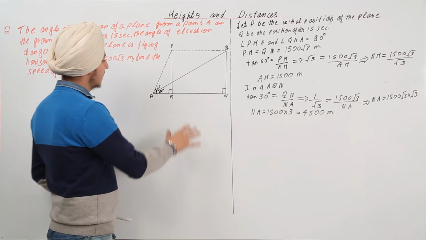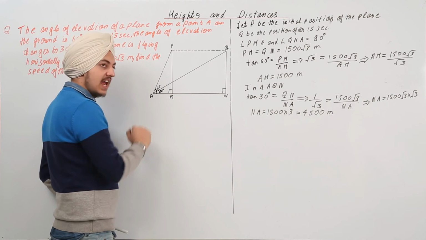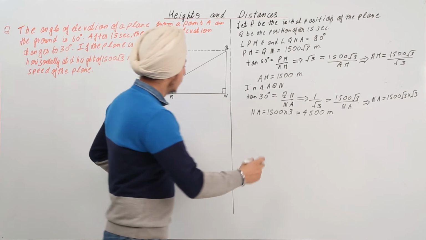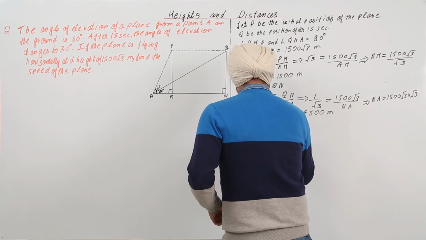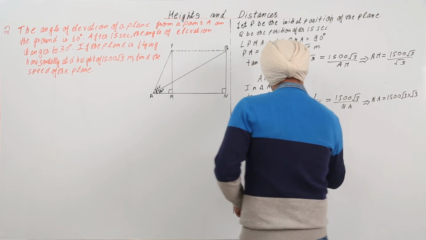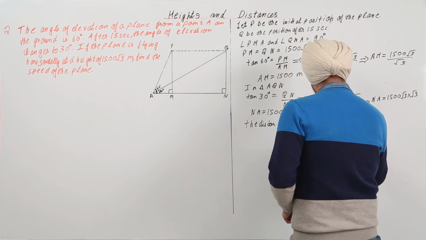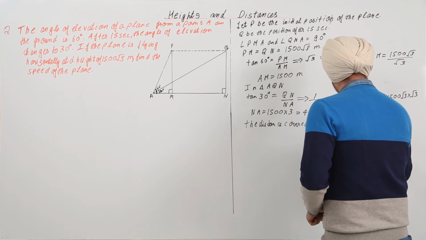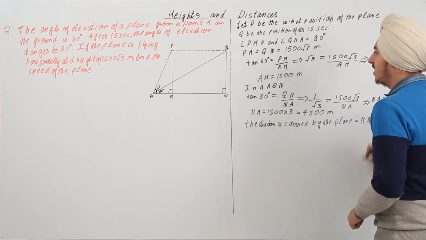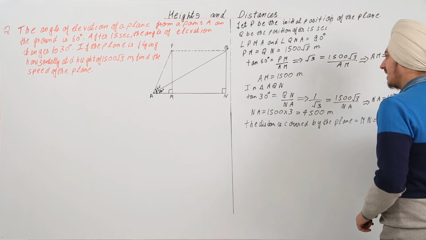Now we know the distance NA, and we know the distance AM. So how do we find out the distance MN? The distance covered by the plane is equal to MN, which is equal to AN minus AM.